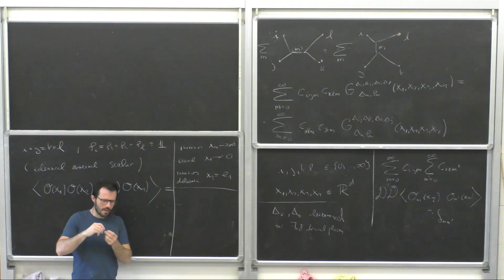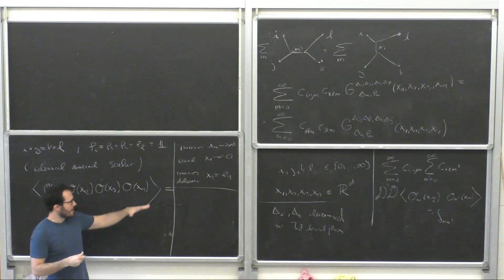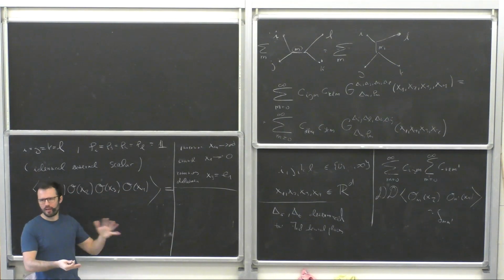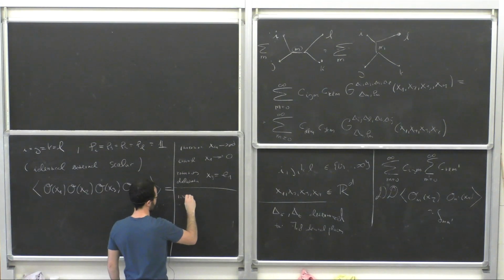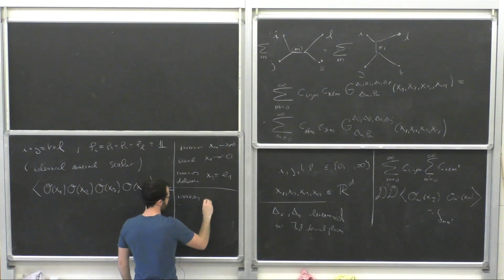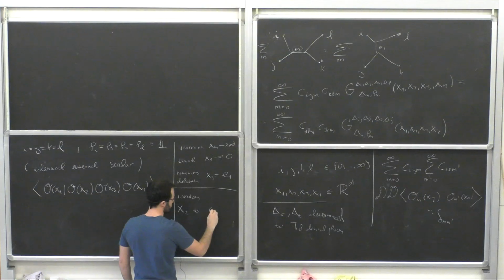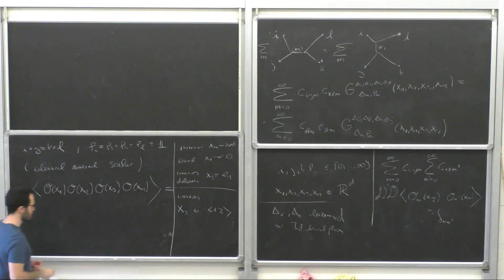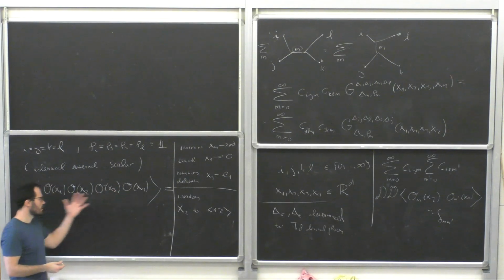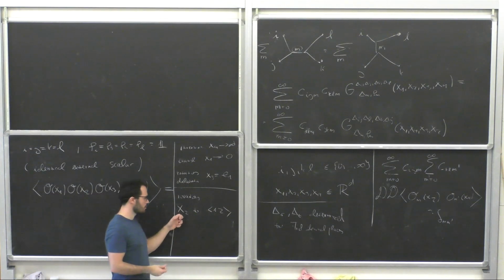Because 1, 3, and 4 are on that axis, so we can use the rotations around this axis to bring x2 to the plane, let's call it the 1, 2 plane, the plane spanned by the unit vectors in the 1 and 2 direction, which means that the conformal invariant information in this 4-point function is captured by 2 coordinates, which are the 2-dimensional coordinates of x2 in this plane.